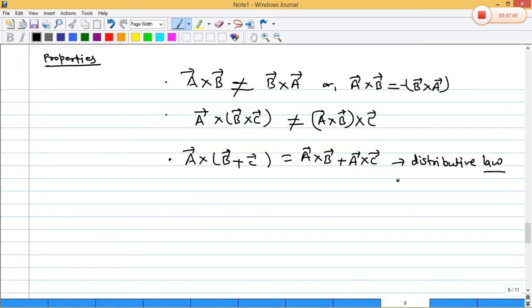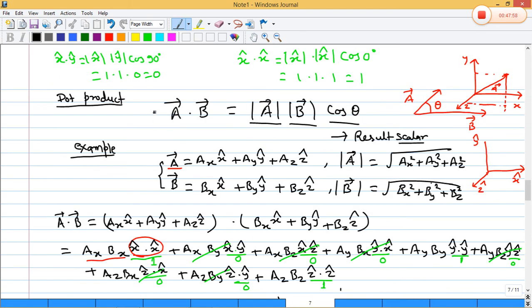Now in a similar fashion, x dot x, y dot y or z dot z gives the result 1. If x dot y, or any unit vector multiplied with another unit vector, the result is 0.